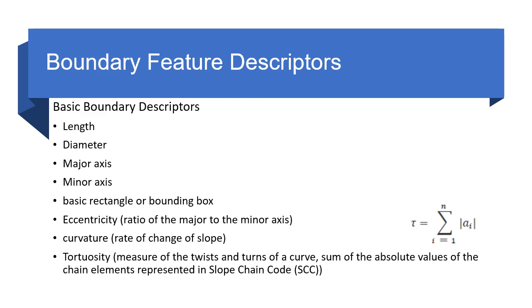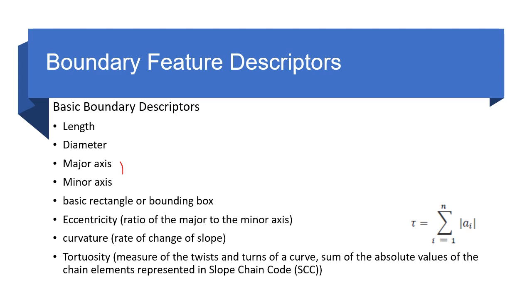If that is not fulfilled, then we have to use it in combination with other features, or use other features altogether. So again, we could use length only if it is sufficient. If not, we could use diameter only if it is sufficient. For example, if we want to distinguish two objects only based on size, then diameter could be sufficient.